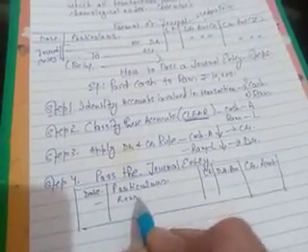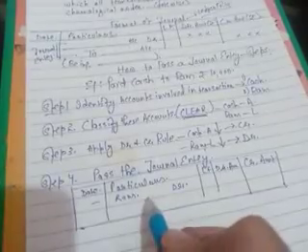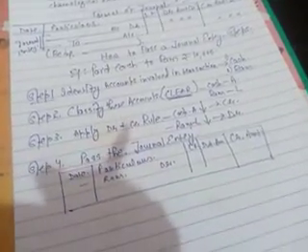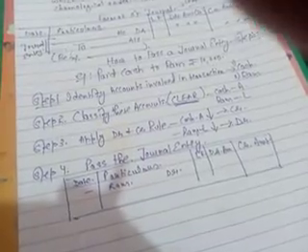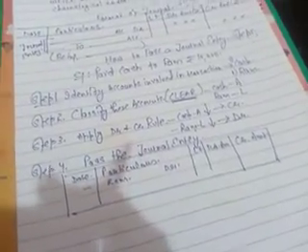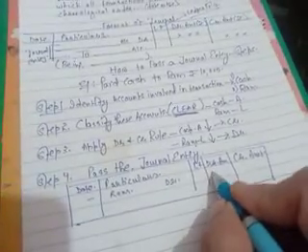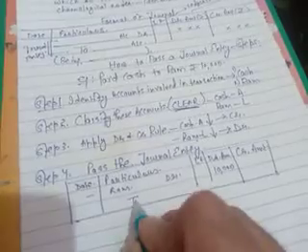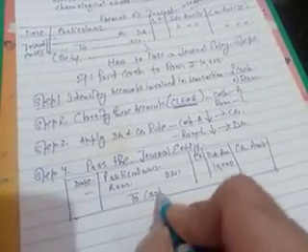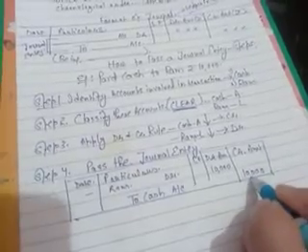Ram debit rupees 10,000, and credit will be to cash account 10,000.